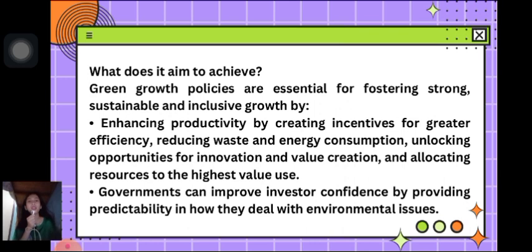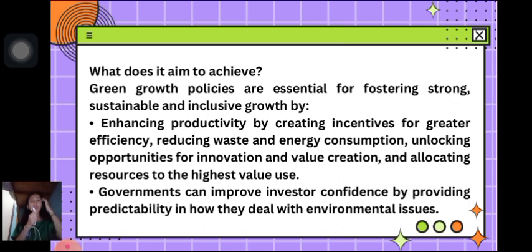Next, the fourth one is that it also enhances productivity by creating incentives for greater efficiency, reducing waste and energy consumption, unlocking opportunities for innovation and value creation, and allocating resources to the highest value use.